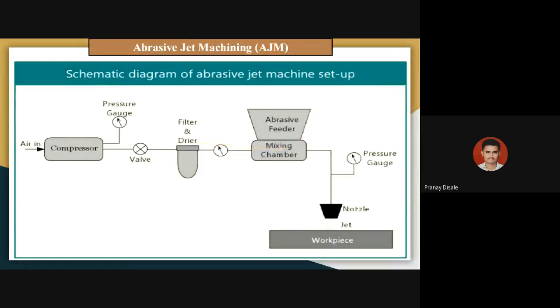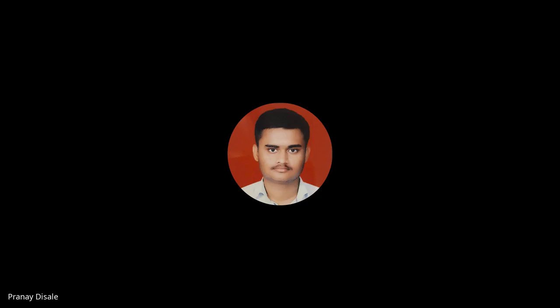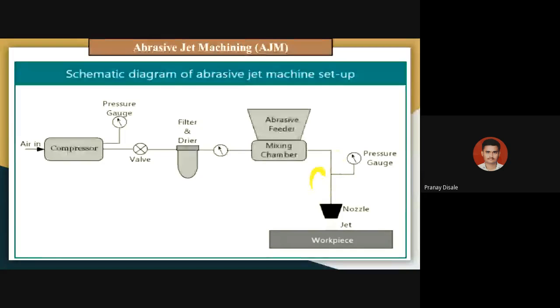Okay, so that mixing will happen at a predefined mixing ratio, and this mixture then goes toward the workpiece in the form of a high velocity abrasive jet. Correct? Here you can see, and by this nozzle you direct this high pressure, high velocity jet on the workpiece.